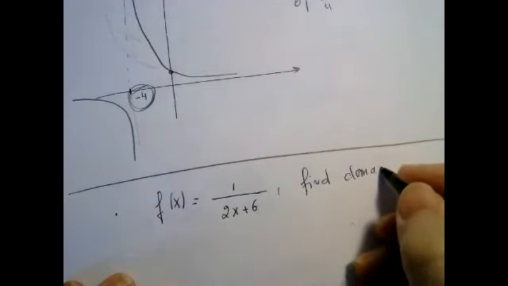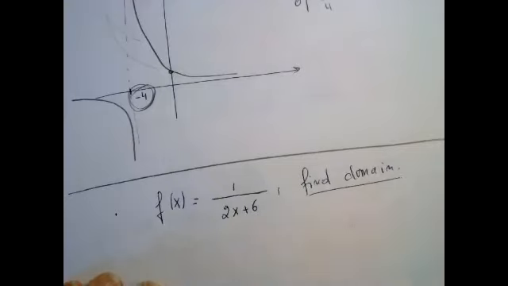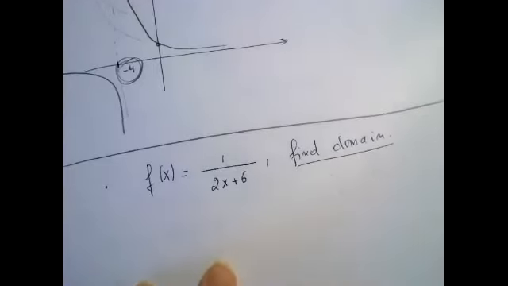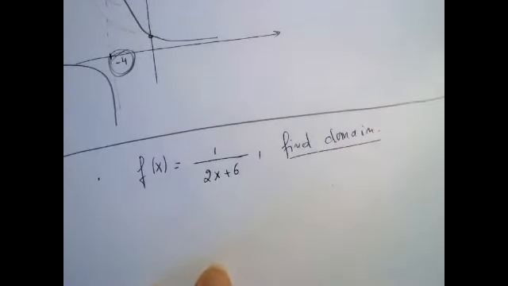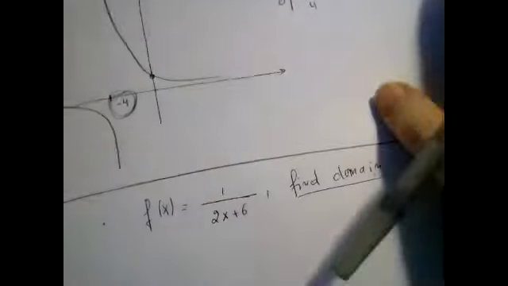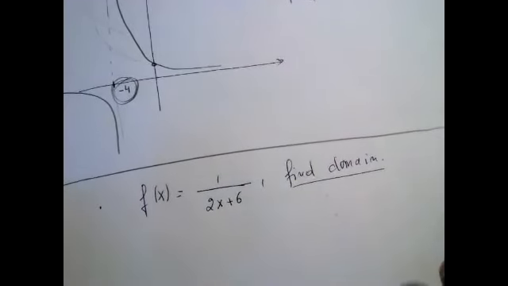It means all the x's, all the inputs, such that f of x will yield a number. You guys have a minute to do that, and then I'm going to pick one of you to see what you got.